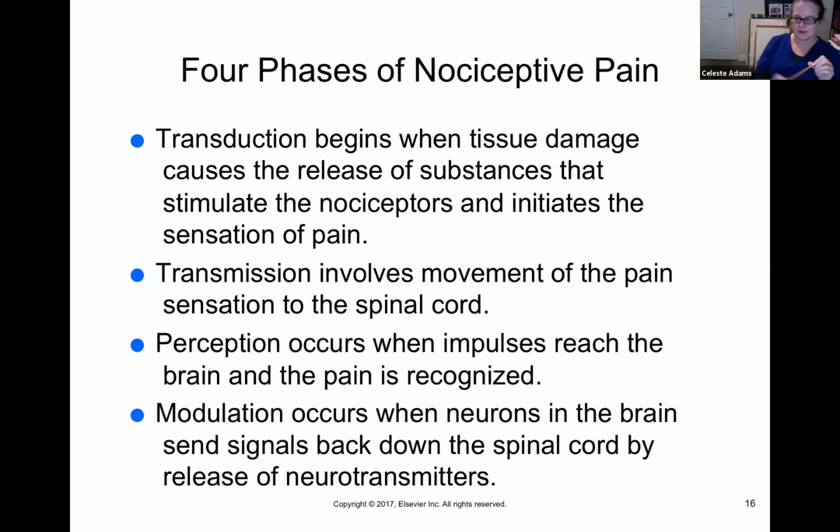Transmission is going to be the movement of that pain sensation, stimulated by the pain receptors. So that pain is going to move to the spinal cord. Transmission involves the movement of pain sensation to the spinal cord.